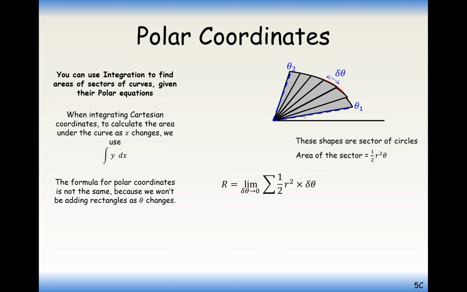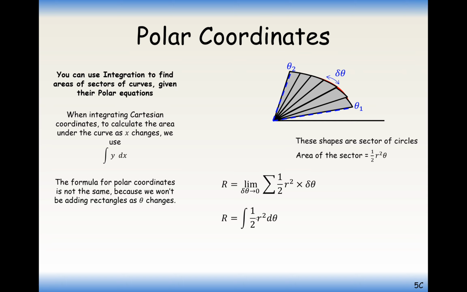And as we make that change in the angle smaller, we're going to get a more accurate answer for the area bounded by this red curve here. And just as before, when you combine a limit and a summation, it turns into an integral.